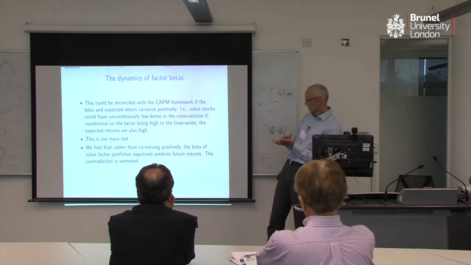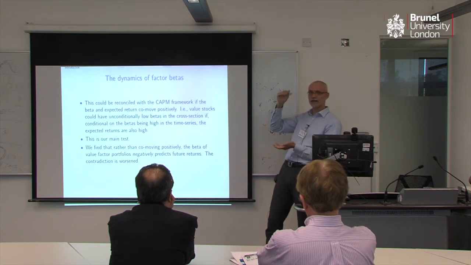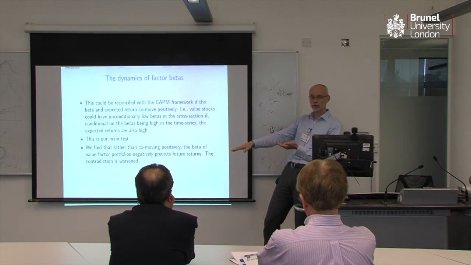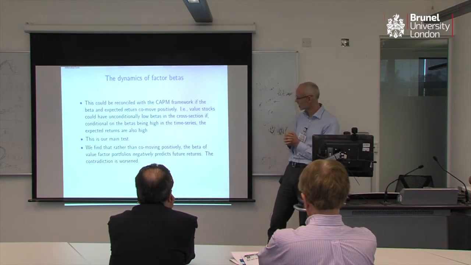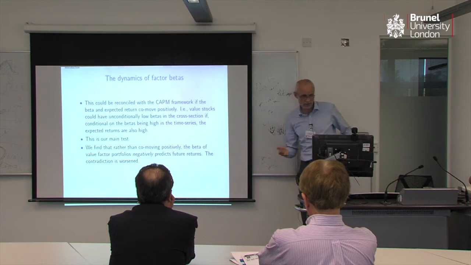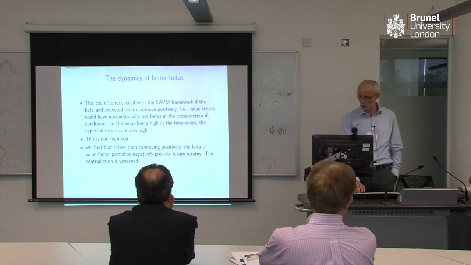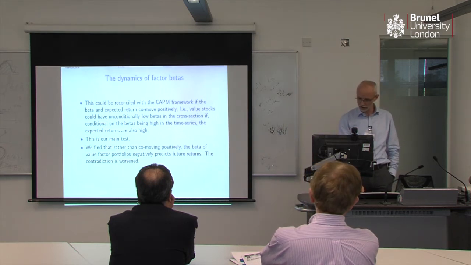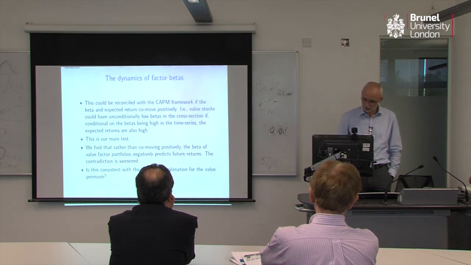So the higher the beta today, the lower the return in the future, in a time-varying sense. The contradiction is worsened rather than helped by looking at the time variation in betas.